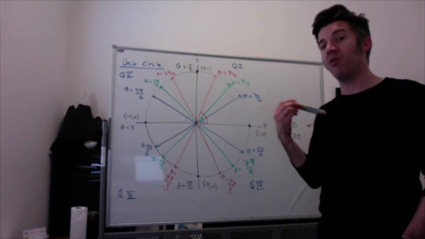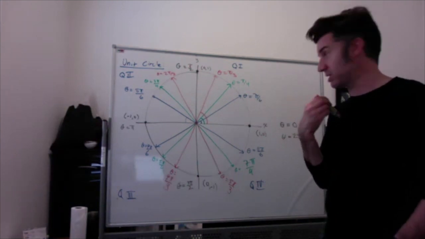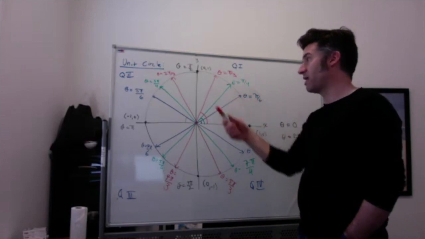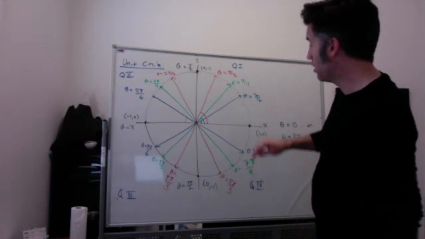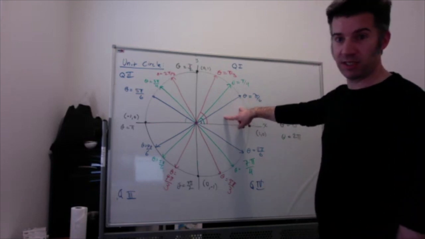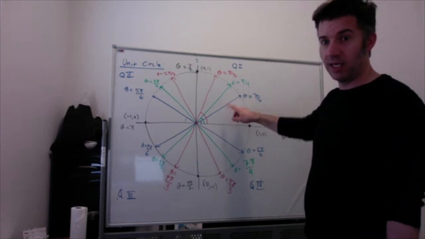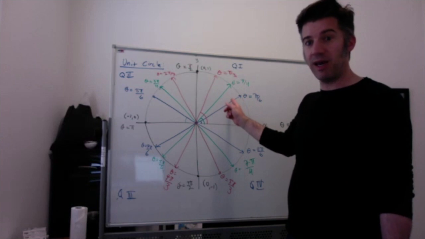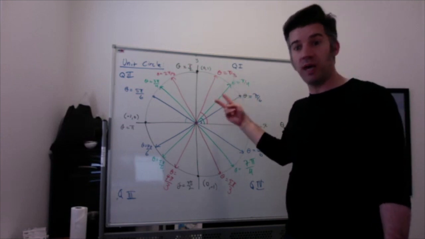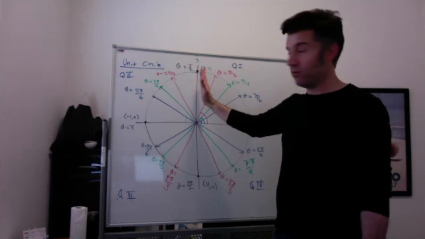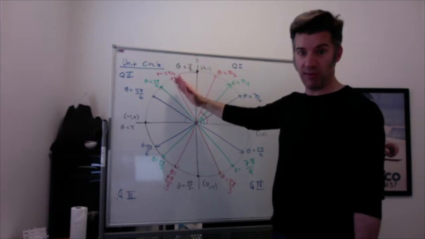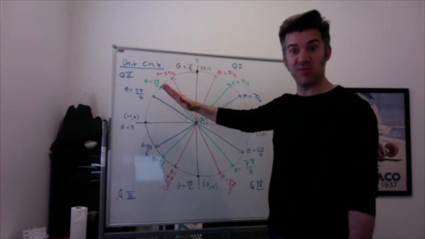And the way I've always convinced myself how this works is that these are all the angles that don't reduce. Meaning, in the first quadrant, the pi over 6 angle is just 1 pi over 6. In the second quadrant, the next pi over 6 that doesn't reduce, well, 2 pi over 6 reduces to pi over 3, 3 pi over 6 reduces to pi over 2, 4 pi over 6 reduces to 2 pi over 3, and 5 pi over 6 doesn't reduce.